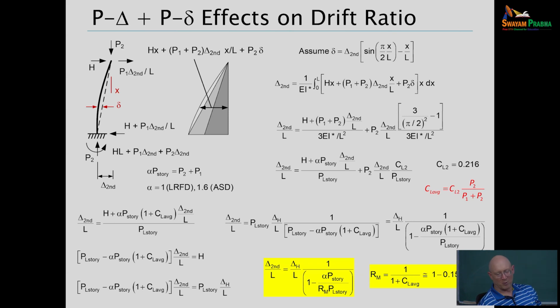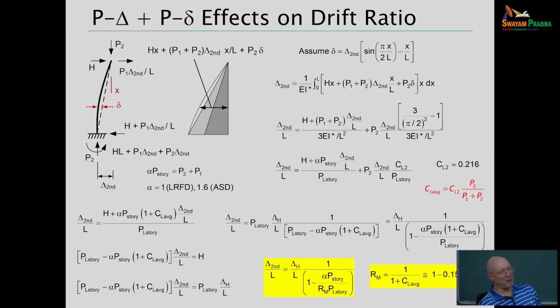Total vertical load supported by moment frame columns, that's PMF. And so if everything in the story is a moment frame column, PMF is equal to P story, you get 1 minus 0.15, R sub M is 0.85, which is a rough approximation of the worst you get.